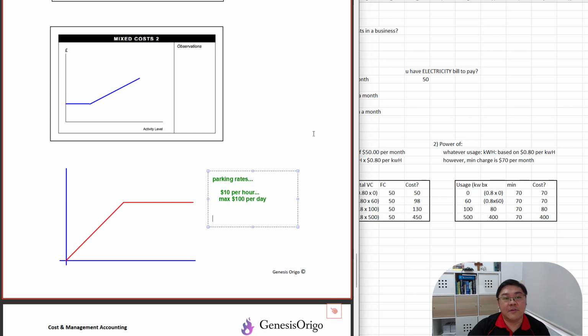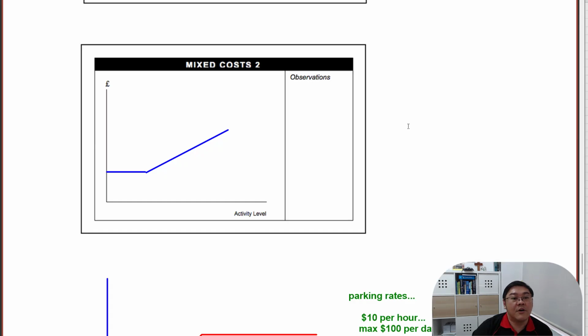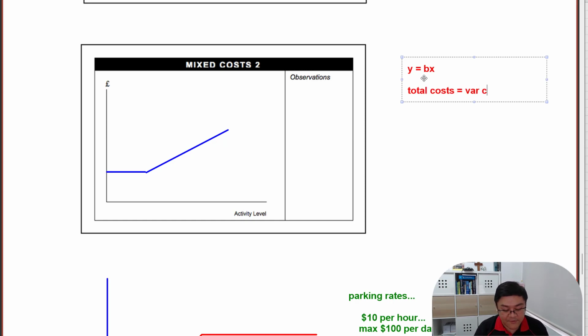So these are the ways of how we represent different types of cost behavior. So guys, just a quick recap again. We said a variable cost is defined by taking y equals bx. Y is the total cost, in this case made up of your variable cost per unit b, and x is the quantity.